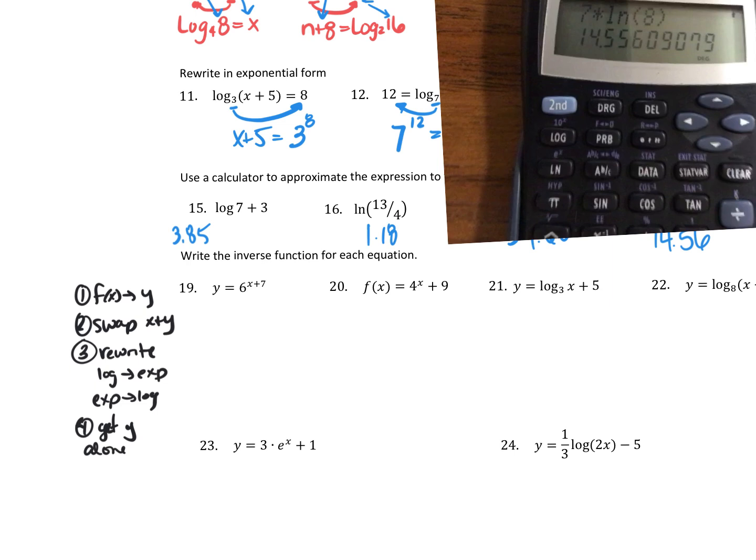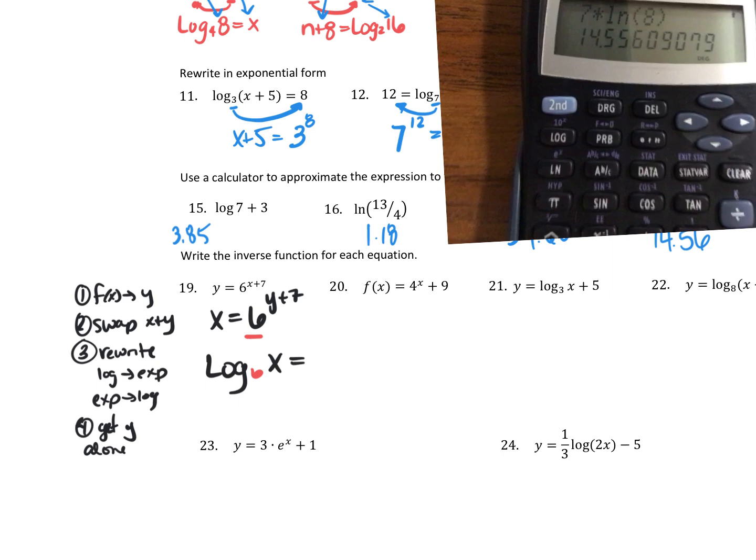So for number 19, 1 is already done. So I'm going to do step 2, swap x and y. X equals 6 to the y plus 7. Now the y plus 7 is in the exponent, so I can't mess with that. I have to rewrite the exponent as a log. So the 6 is my base, so it becomes log base 6. And everything else stays on the same sides of the equal sign.